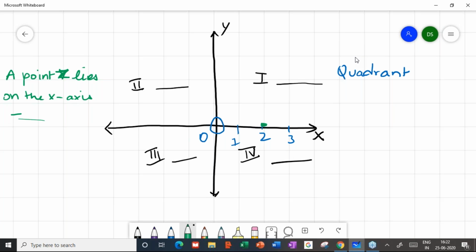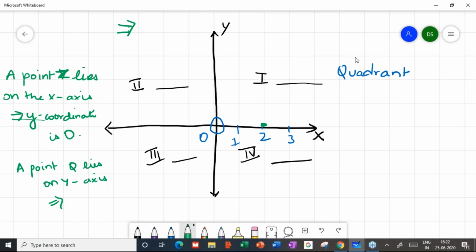Okay, so they'll just tell you point z lies on the x-axis. What does it imply? That y coordinate is 0. And similarly, if they say a point q lies on y-axis, what does it imply? I hope you know this symbol here, this equal to with an arrow, means implies.